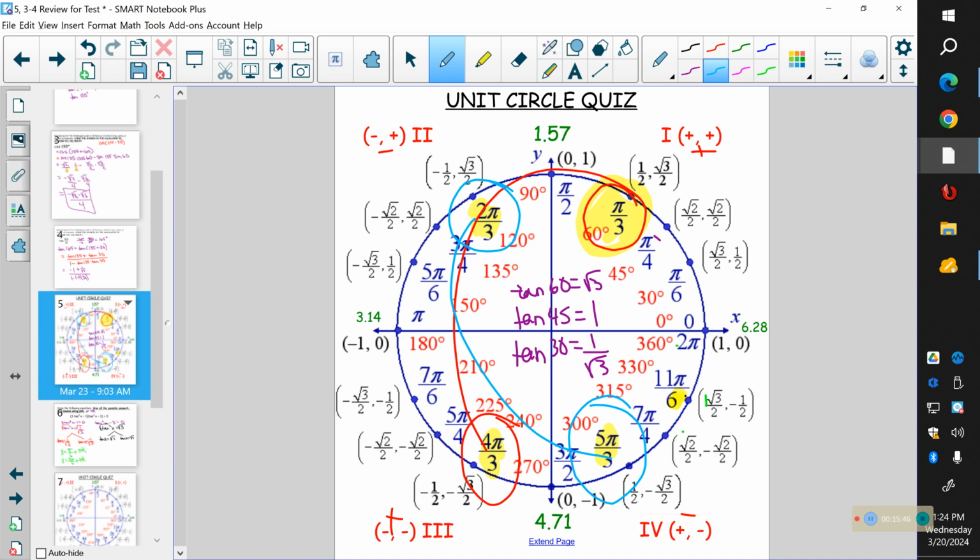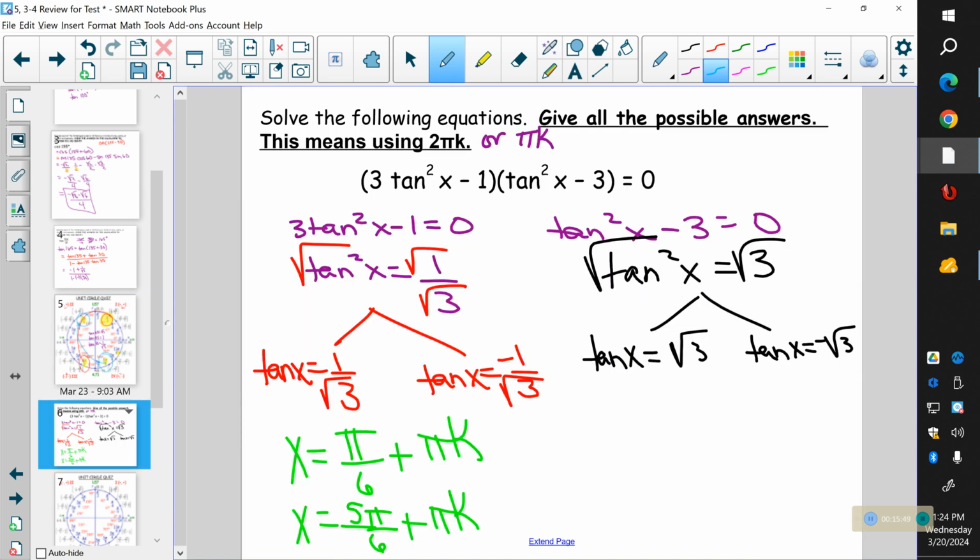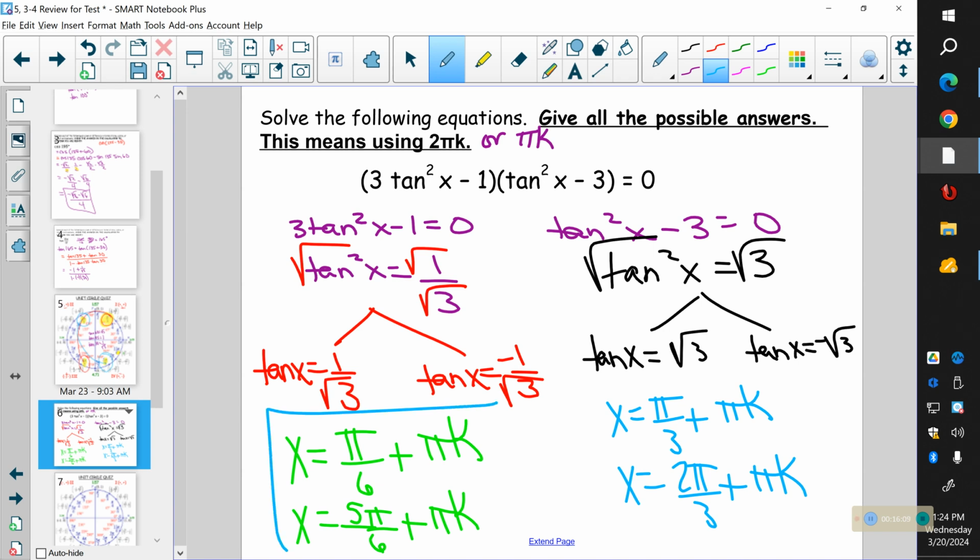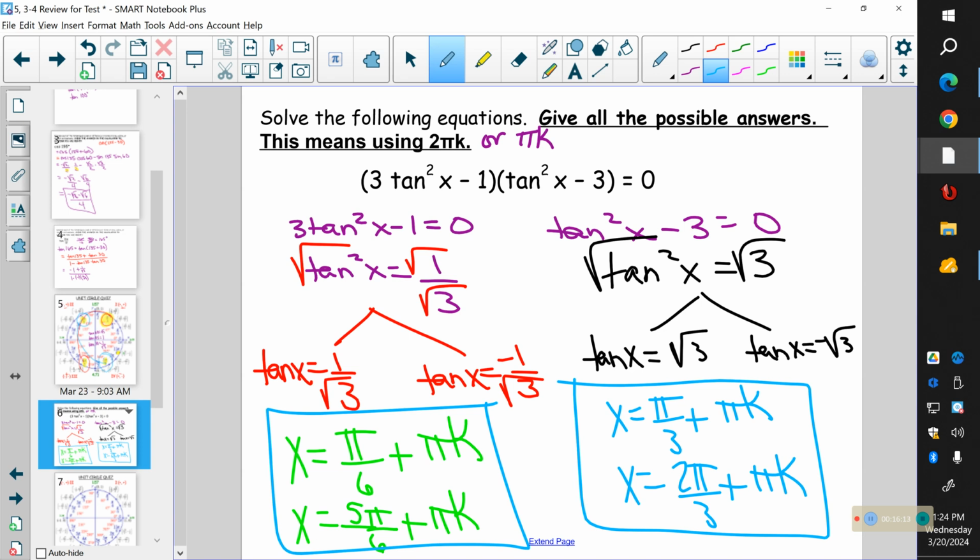So those two answers that I'm going to use are going to be pi over 3 plus pi k and 2 pi over 3 plus pi k. Do we see that? So now those are the 4 answers that I expect to find on your test tomorrow if you would have a problem like this.